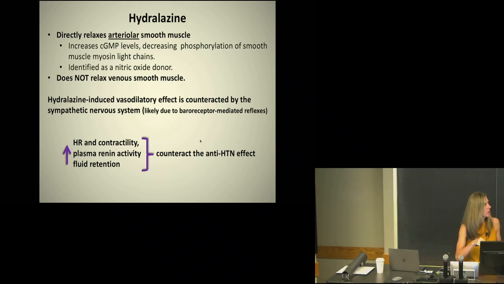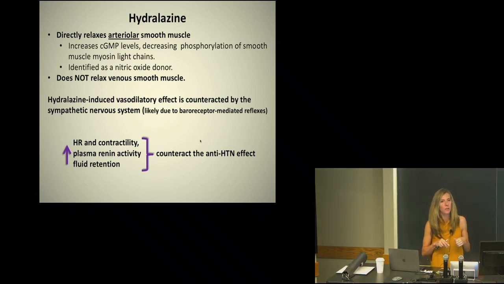And how it does so is it works directly on the arterial smooth muscle. It's going to increase cyclic GMP levels, which then is going to decrease the phosphorylation of the muscle myosin light chain, okay? During the congestive heart failure unit, I'm going to talk a little bit more about how it has a second mechanism of action, but don't worry about it right now.